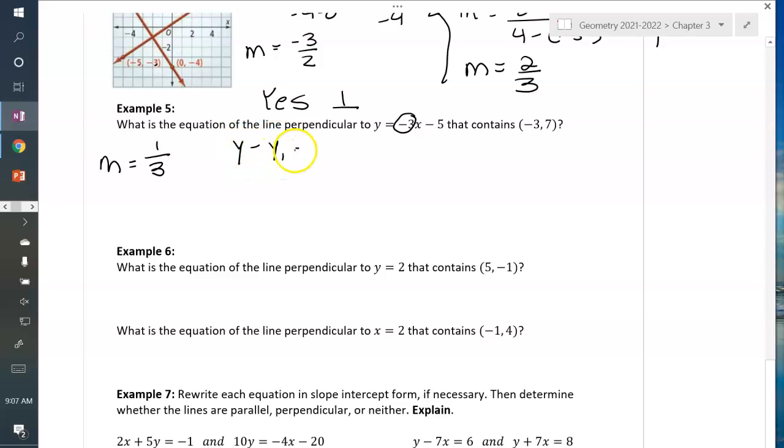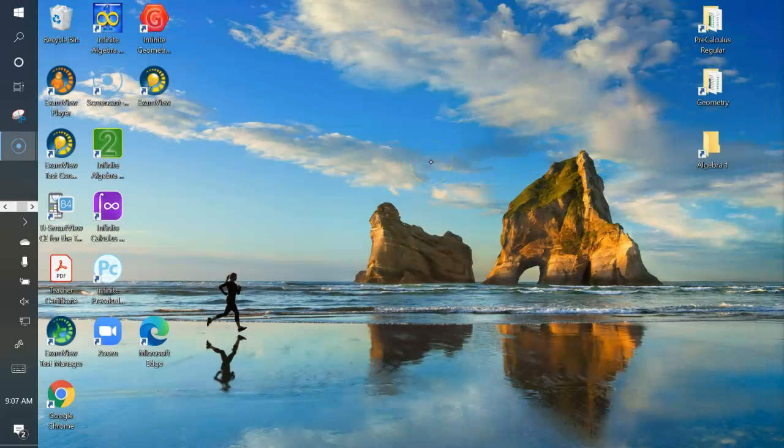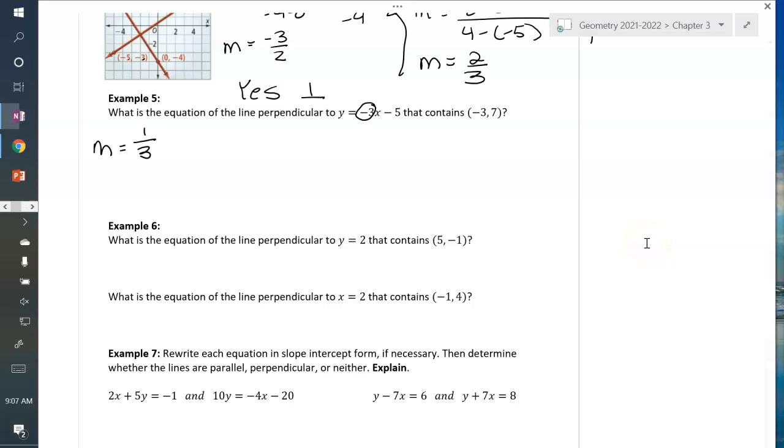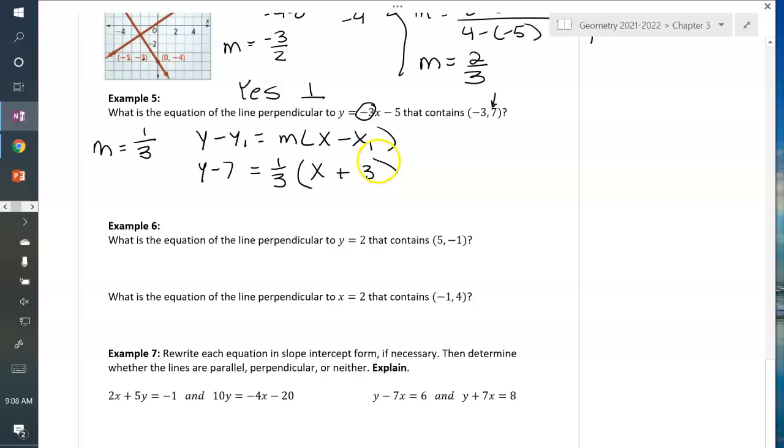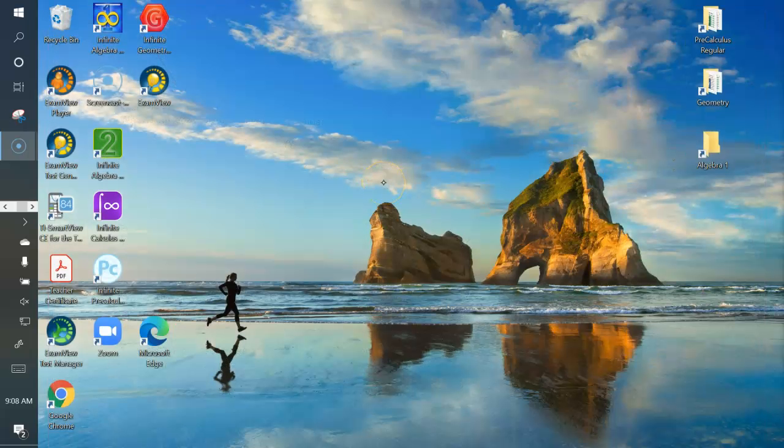Y minus y1 equals m times x minus x1. Plug in what you have. There's my y, so y minus 7 equals 1/3 times x minus a negative 3, a plus 3.